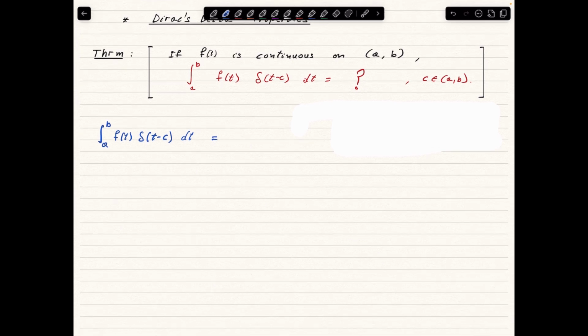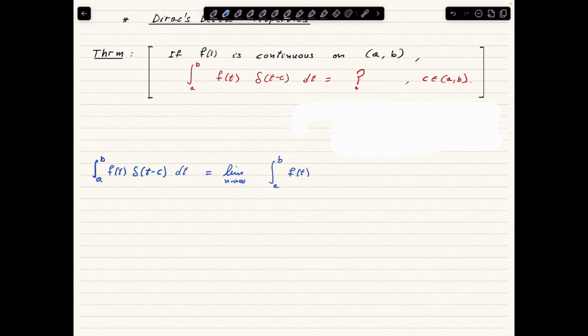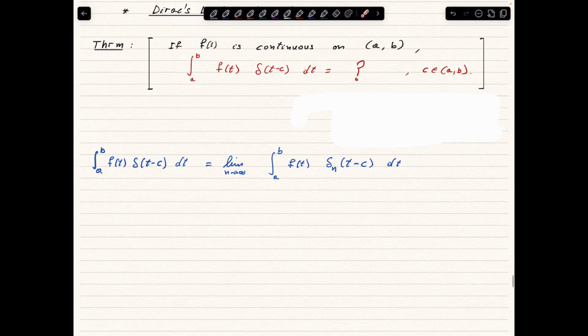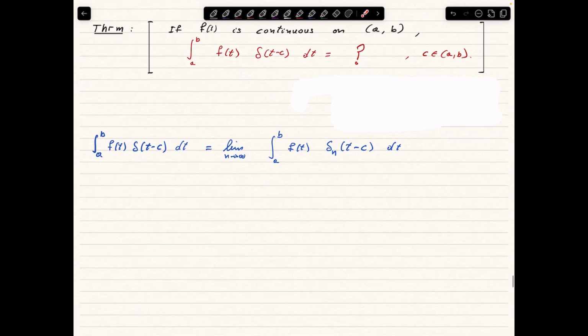Well, recall we have a definition for the integral of a Dirac delta, and that definition means that we need to take a limit when n goes to infinity of integrals of whatever you are integrating, in this case f of t, times the elements in the sequence of functions that defines the Dirac delta, delta n of t minus c, dt. This is what we need to integrate. And recall what is delta n of t minus c.